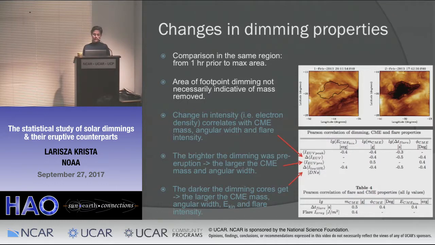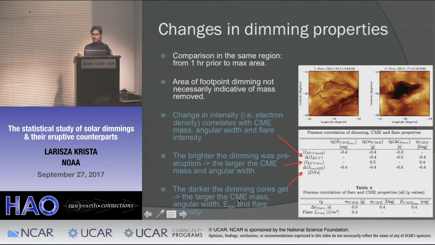Also, if we looked at the intensity of the region at that one given moment, the brighter the region was, again, the more correlation we found with CME mass and angular width. So it's all in the intensity. And if you think about it, it makes sense because intensity is related to electron density.